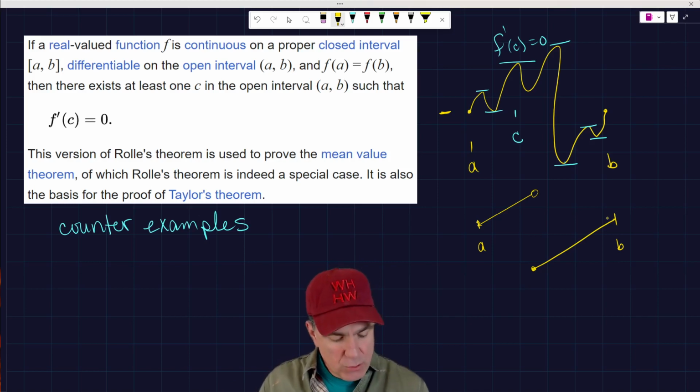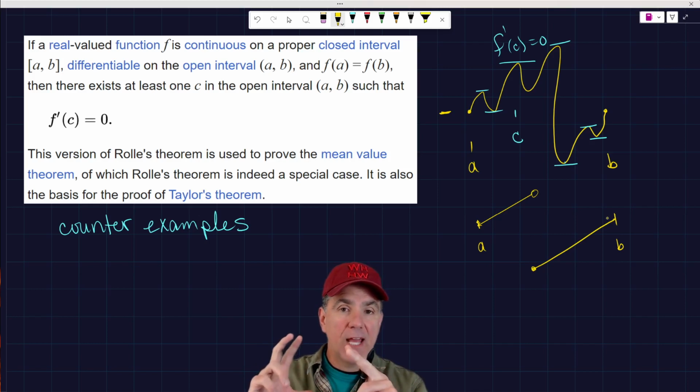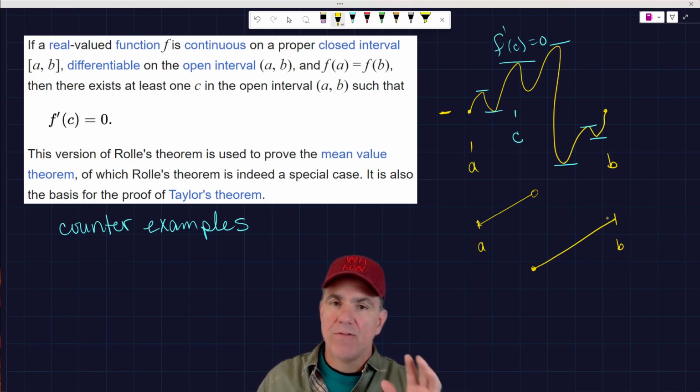Now, when it comes to the closed interval AB for continuity and the open interval AB for differentiability, I would say leave that. You can certainly explore it and think about why that would have to be true, but those are more advanced topics that are really important for real analysis, if you take a real analysis course. Similarly, you do not need to prove Rolle's theorem.